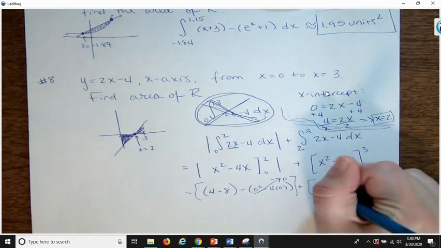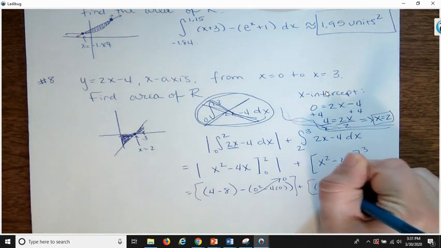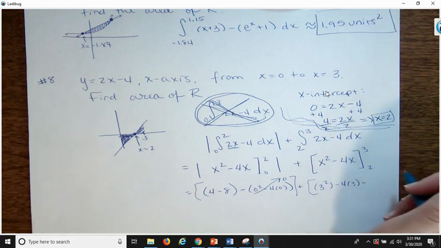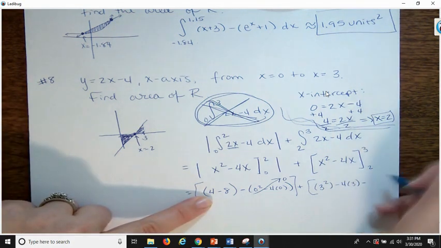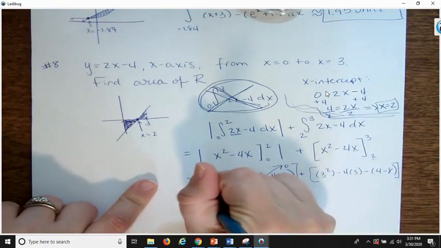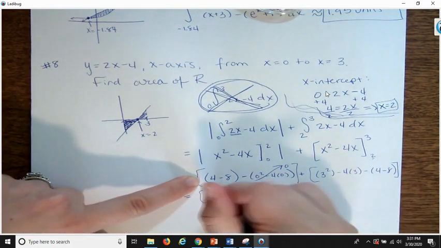I would have 3 squared minus 4 times 3, and then minus the same thing right here, 4 minus 8, because I'm subbing in 2. So I'm going to have 4 minus 8, which is -4.